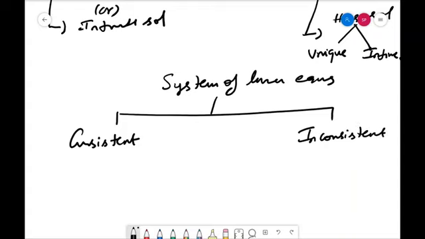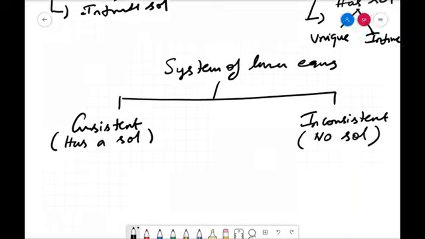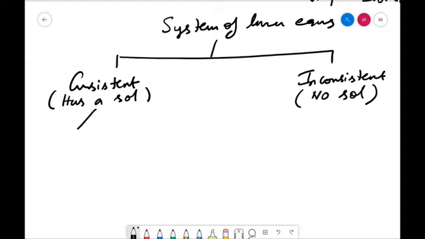Consistent means it has a solution. Inconsistent is it has no solution. So we all know has a solution means it can be either unique or infinite. Then inconsistent is no solution. There is no other case.